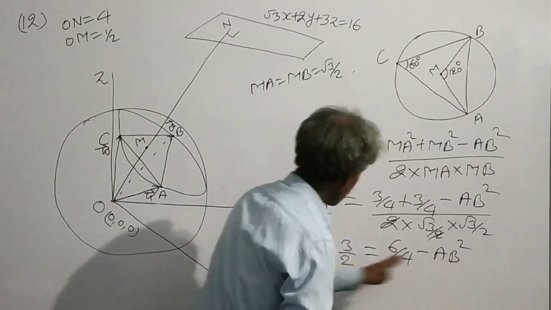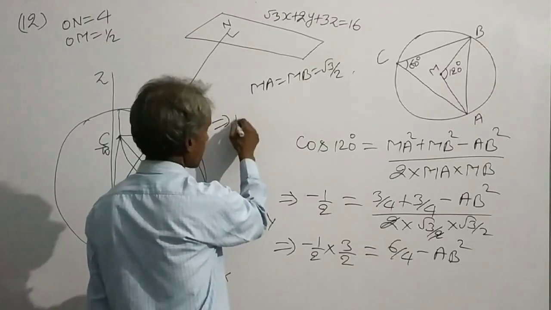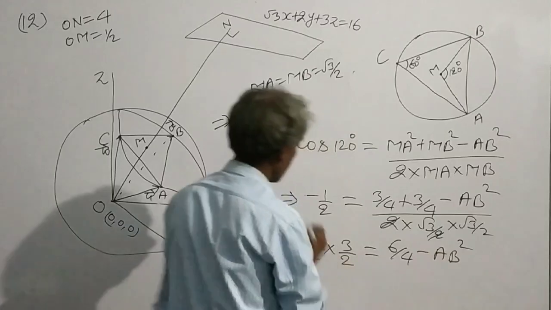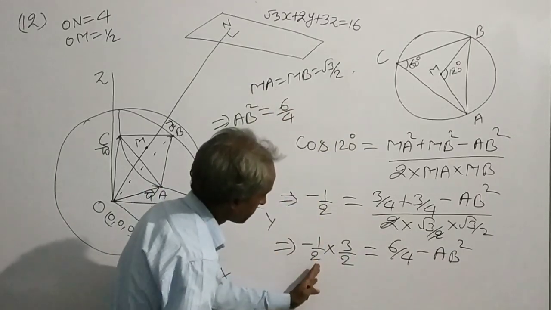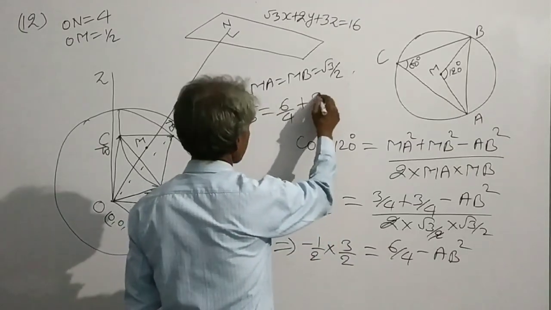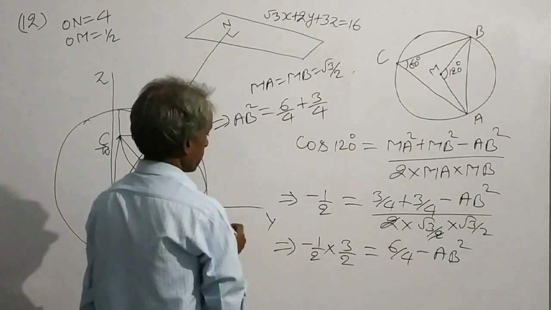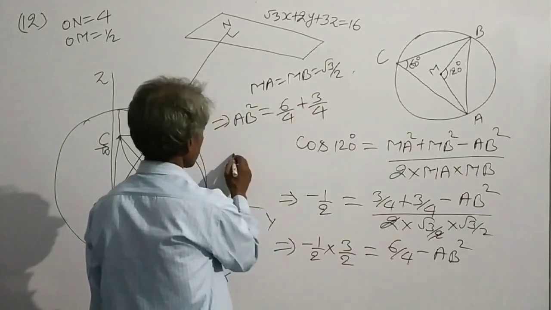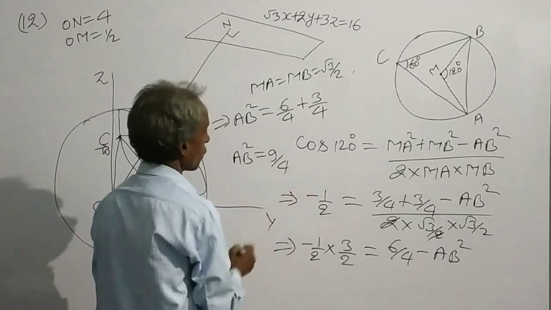We shift AB square to the left hand side. This implies AB square is equal to 6 by 4, and we shift this to the right hand side, then this becomes 3 by 4. This implies AB square is equal to 9 by 4.